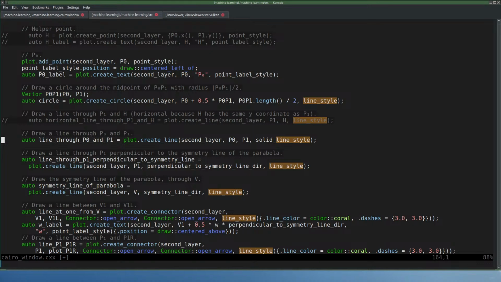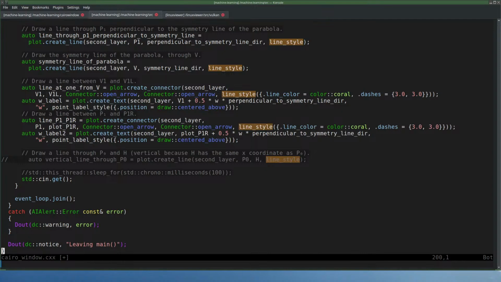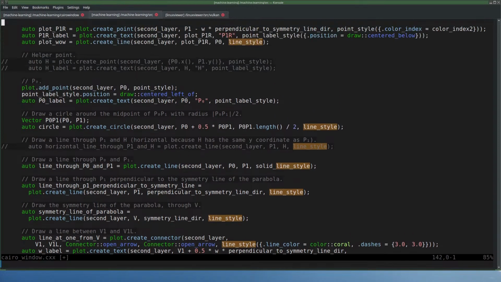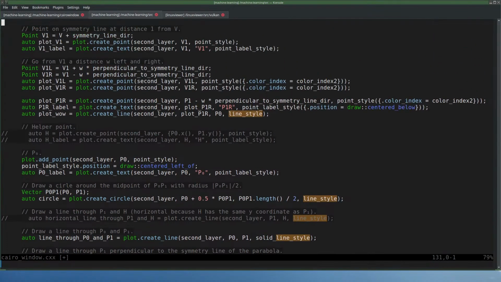And then the line from P0 to P1R. No, that's another one that nobody gets.